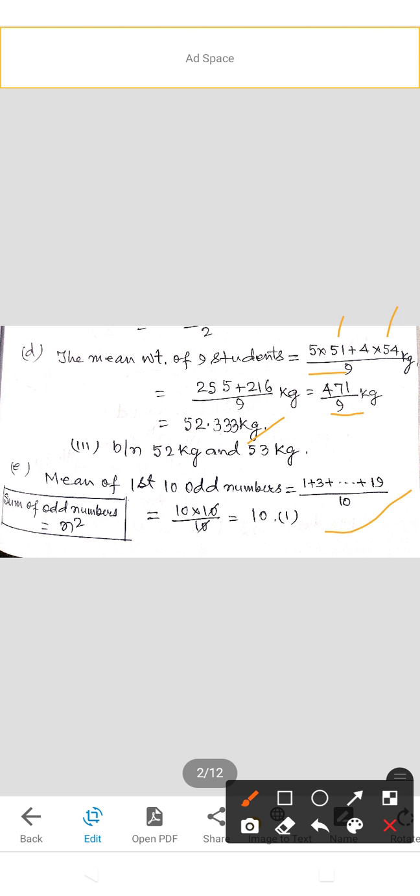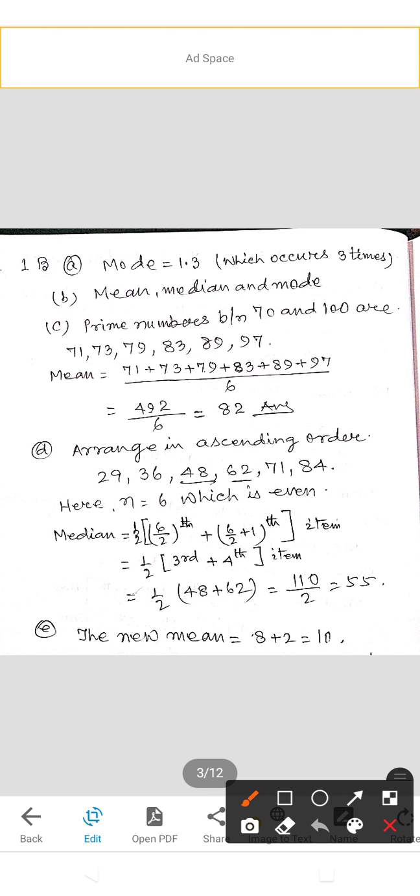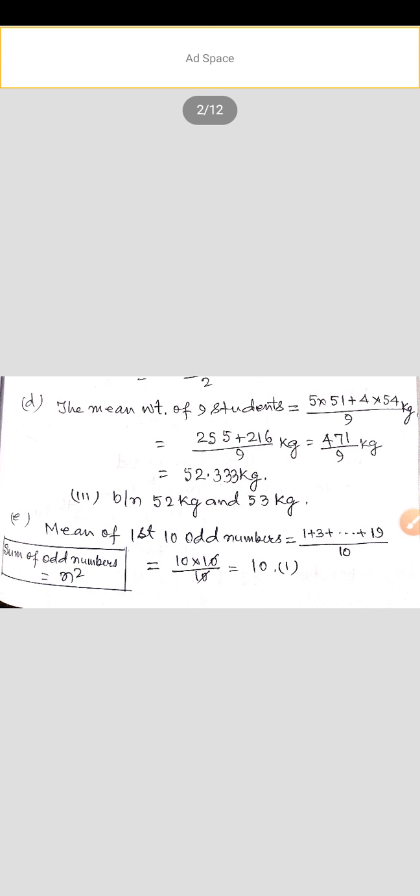You know that the sum of odd numbers equals n square. So here number of odd numbers is 10. So 10 × 10 divided by 10 equals 10. So the correct answer is 1.